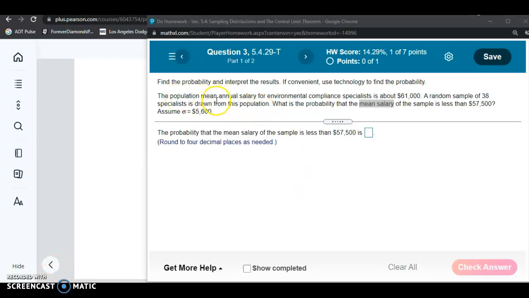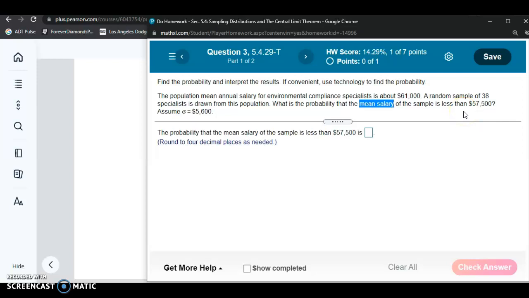So the population mean is 61,000. Then it says a random sample of 38 specialists, so n equal to 38 is your sample size. And we want to know the probability that the mean salary of the sample is less than 57,500.